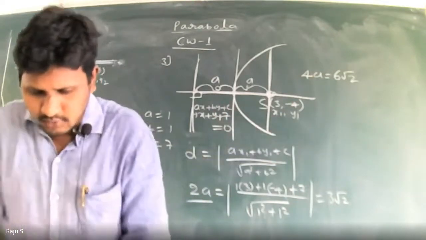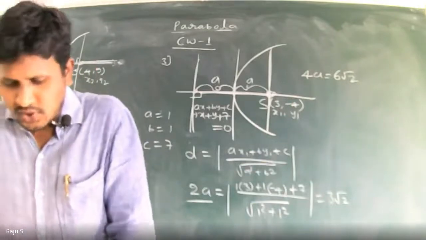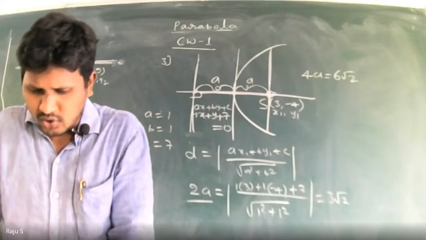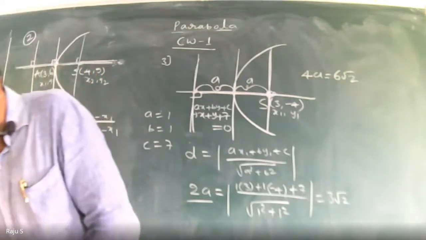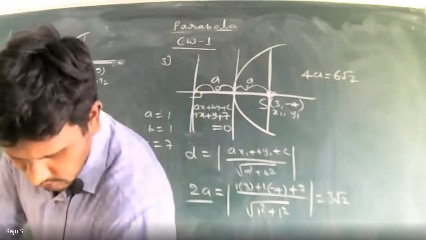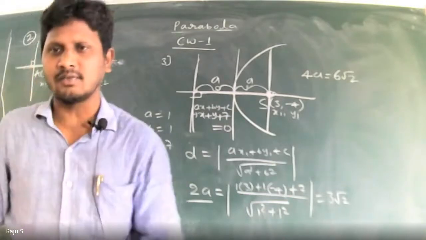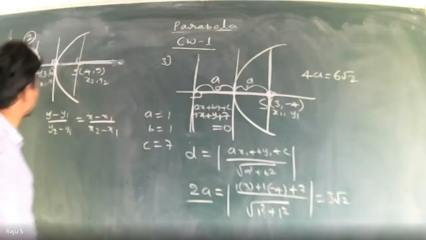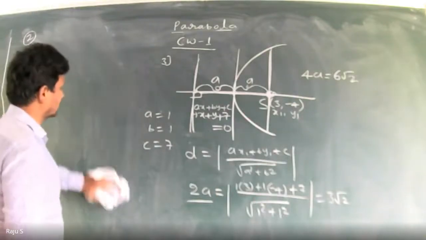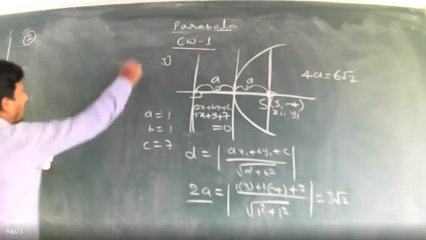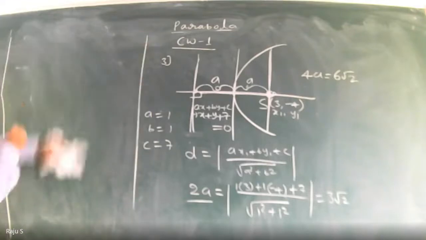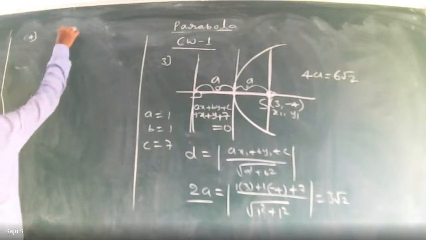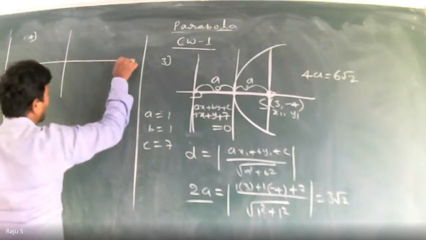Now coming to question number 4. The focus and directrix of a parabola are given, then find the equation of the tangent at the vertex. Same kind of question.